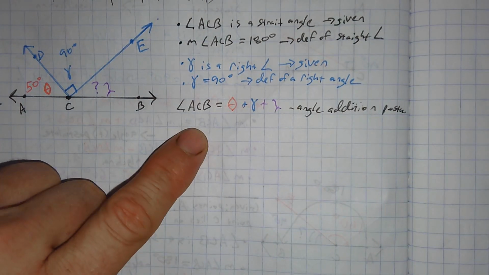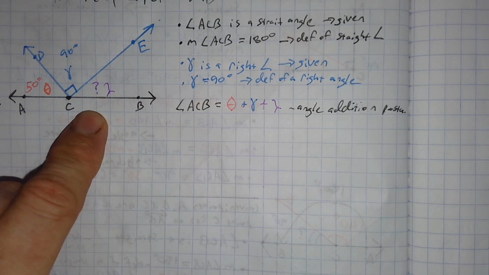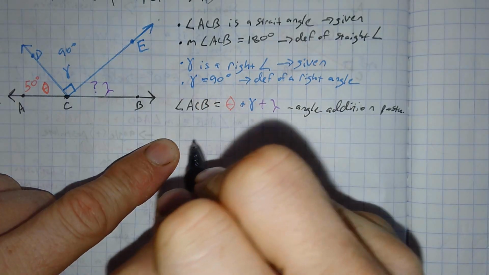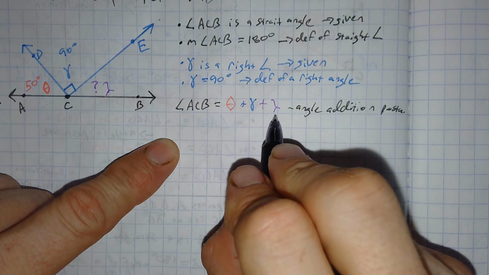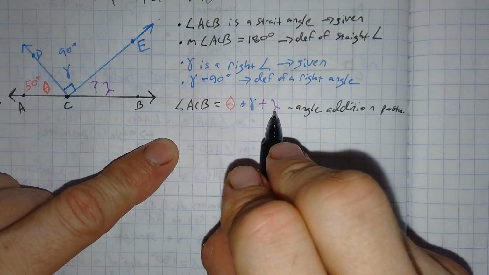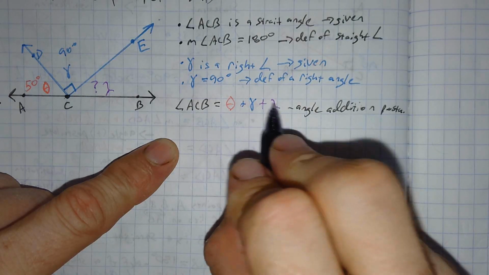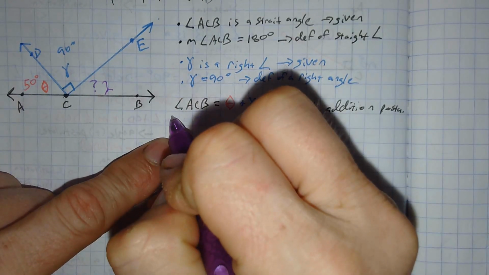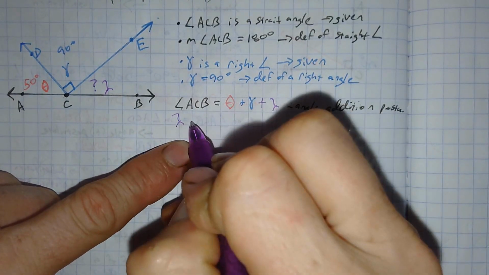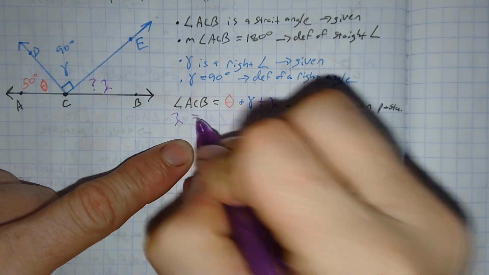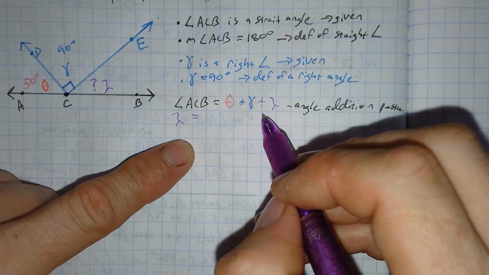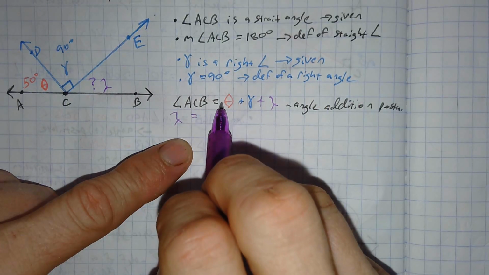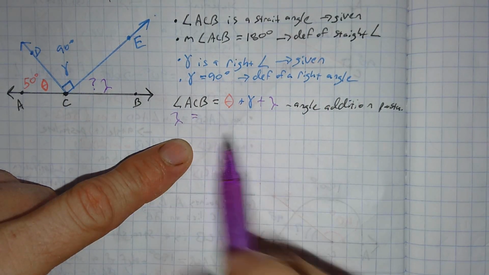Okay? And so now I know that I'm trying to solve here for angle lambda, the purple angle. So I'm going to rearrange this equation and say that lambda is going to be equal to, okay, so if I bring these two over to this side, it changes the positive signs in front of these things to negative.